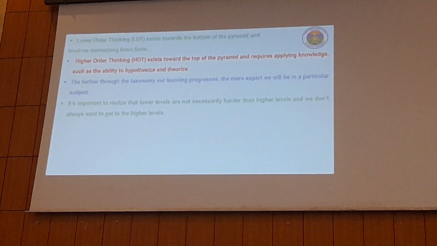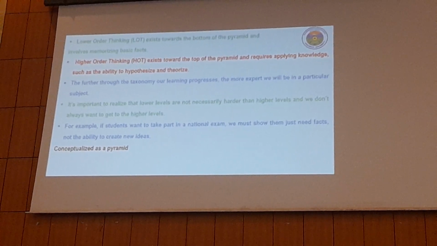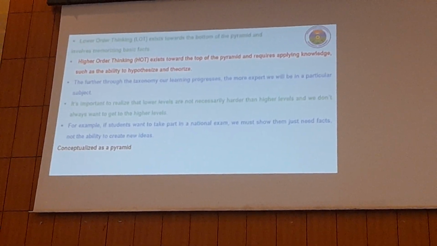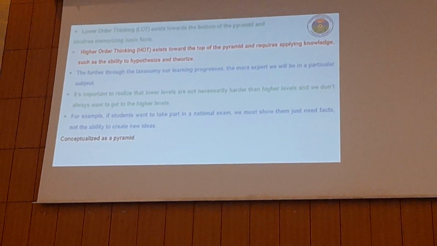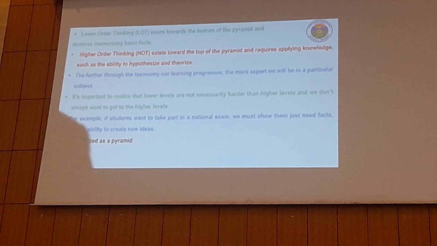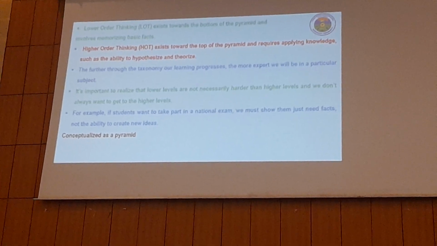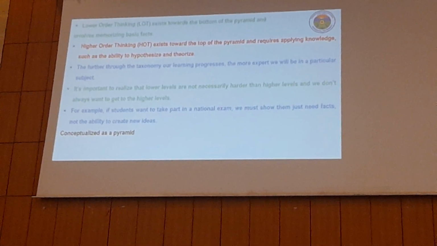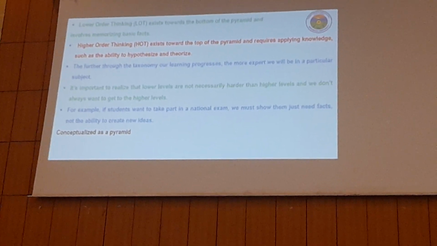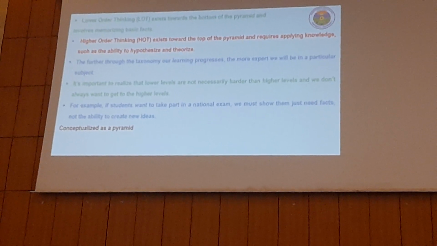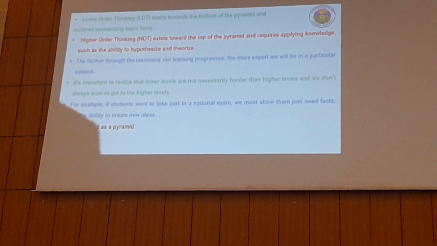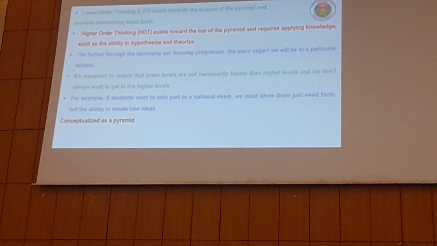For Bloom's, normally the lower order thing is the lower one, because I will come to it. The lower one starts from remembering facts and information, as well as understanding it and then applying it to a formula, an actual concept, or procedures.